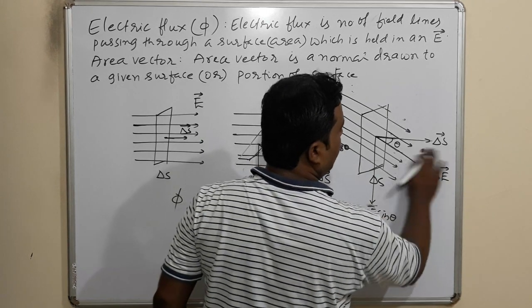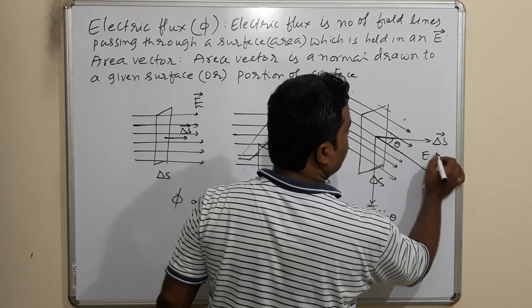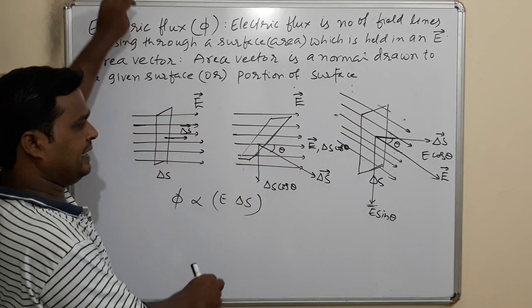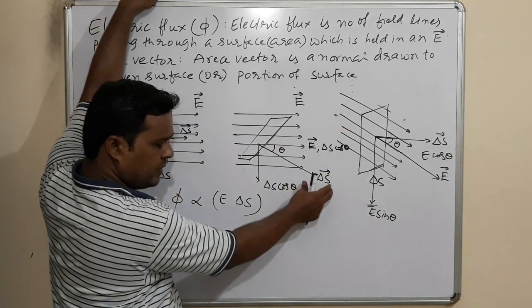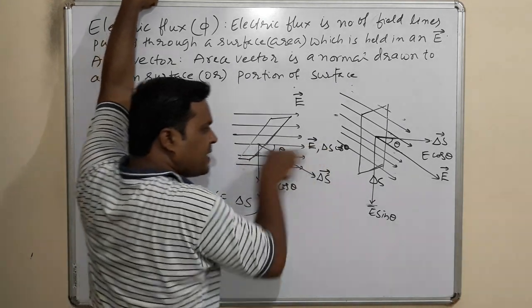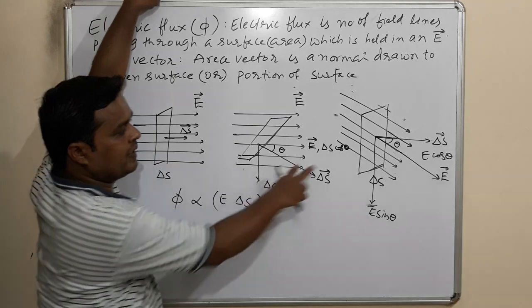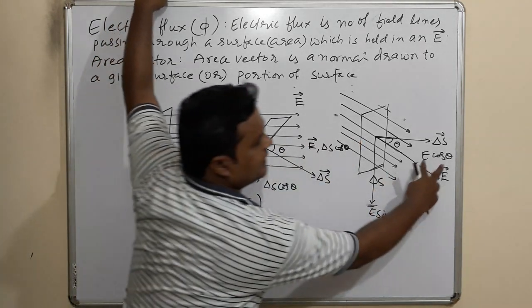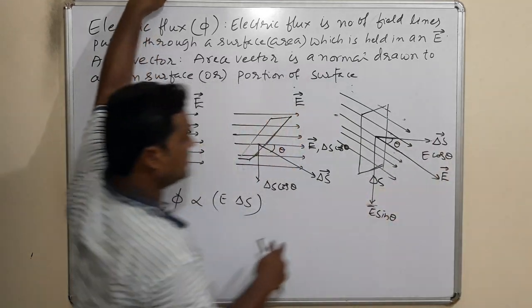This is the field parallel to delta S, E cos theta. When I resolve this area into two components, which component is along the field? Delta S cos theta is along the field. Here E cos theta is along the surface.